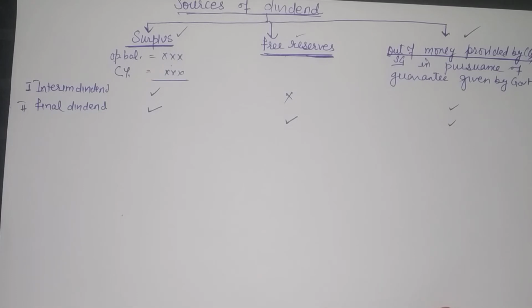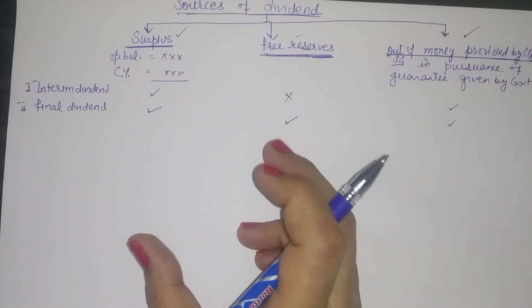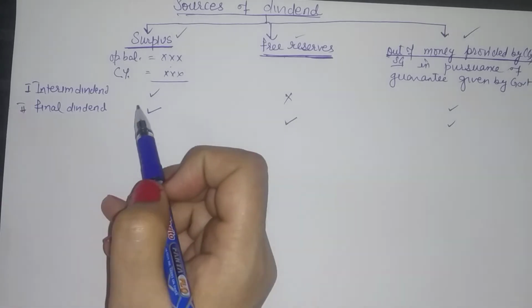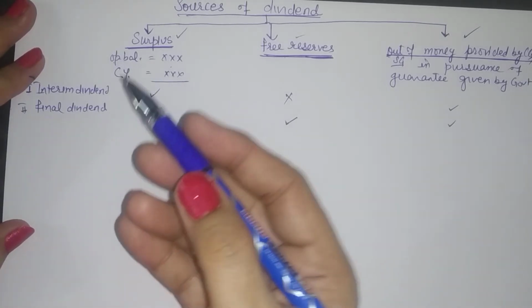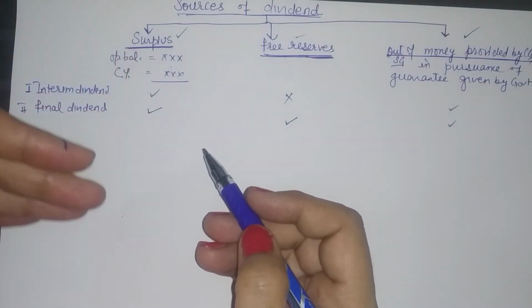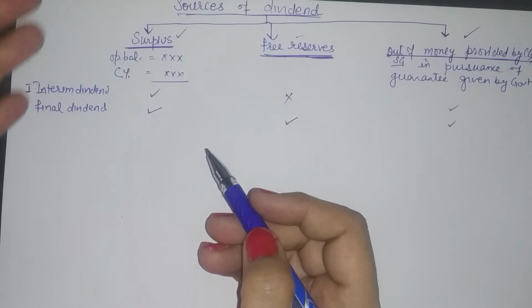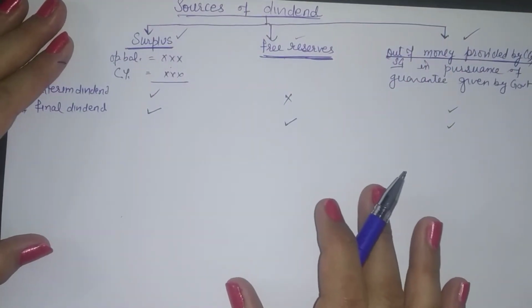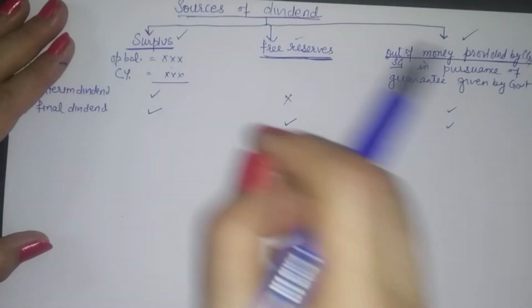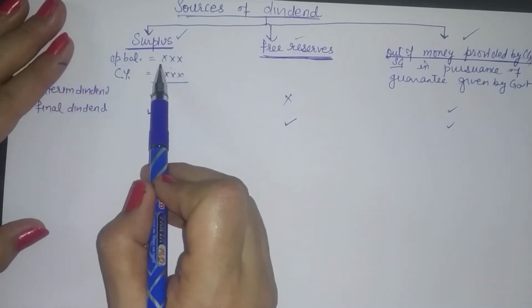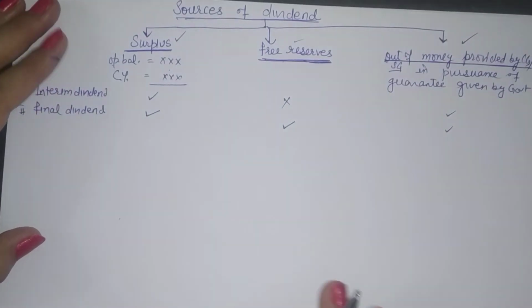So, say on 30th of June, if you have completed your quarterly statement and you find that the company is in a position to give dividend and they decide to give interim dividend, it seems that you give dividend out of your current year profits. But in reality, at that time, your profit hasn't been calculated actually, and it is there in the estimated statements, right? Or in the quarterly statements which are not accounted for. So you utilize your opening balance or the previous balance of surplus to give the interim dividend.